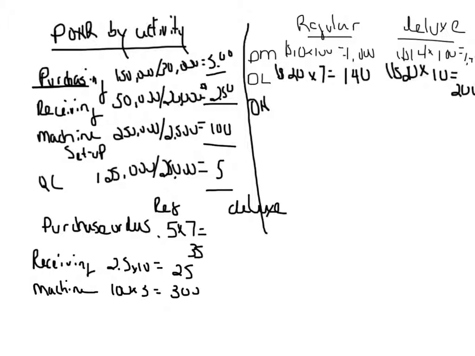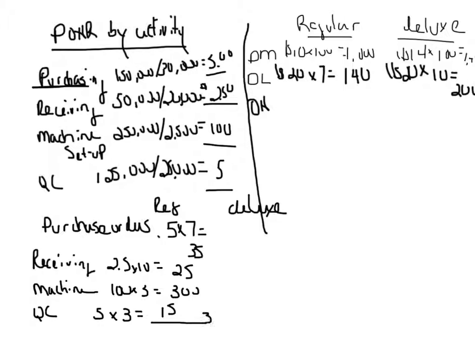And then what's the next one? Quality control. What was that? $5. And what was that based on? Number of inspections. How many inspections actually happened? 3. So that's 15. Now if you add all of these up for regular, what does that come out to? 375.